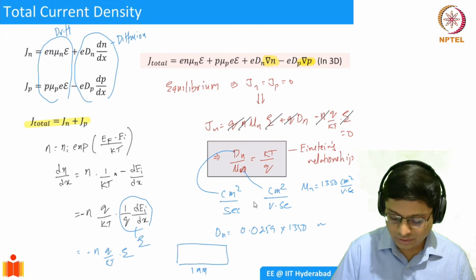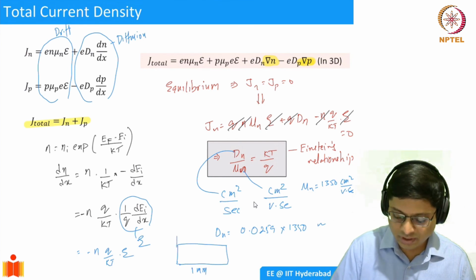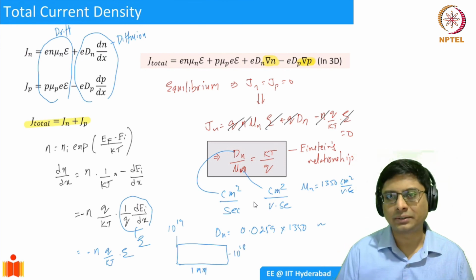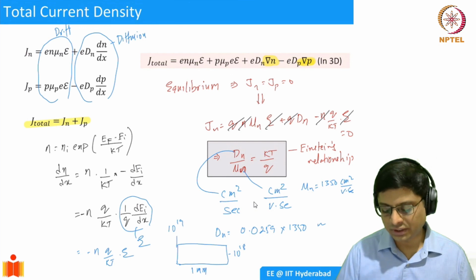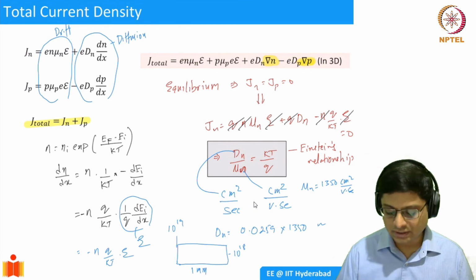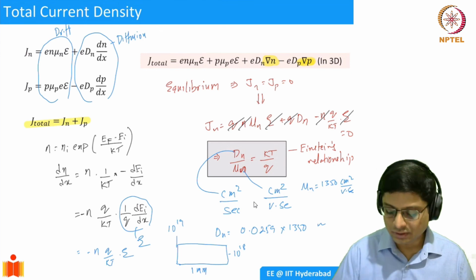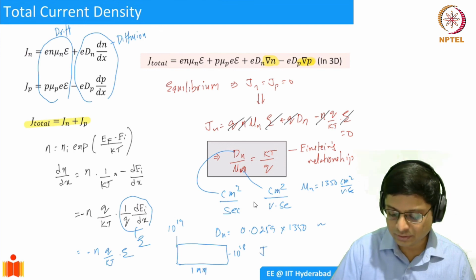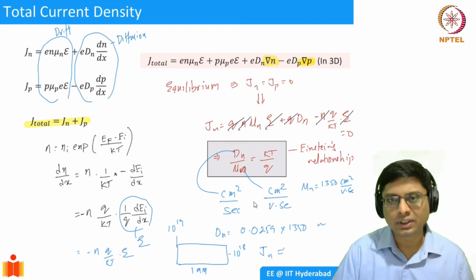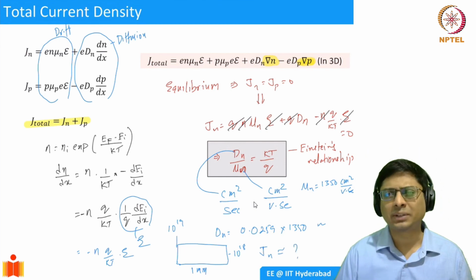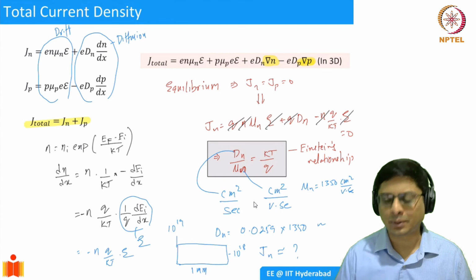Assume that the concentration here is 10 power 19, and here the concentration is 10 power 18. So there's a gradient in concentration n. Then you calculate what is dn by dx and compute what is the current. So compute Jn for this scenario. You will see that it's going to be some amps per centimeter square, tens of amps per centimeter square probably.